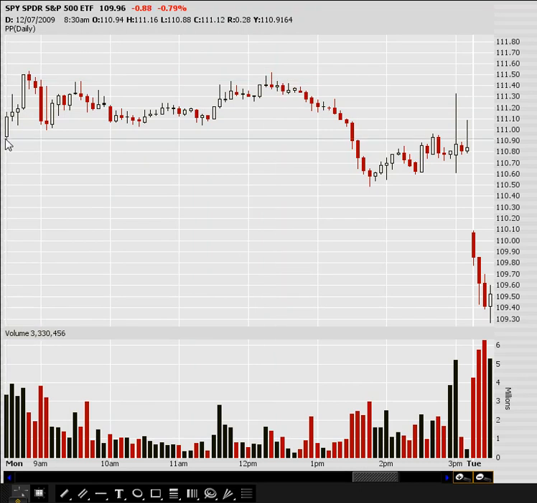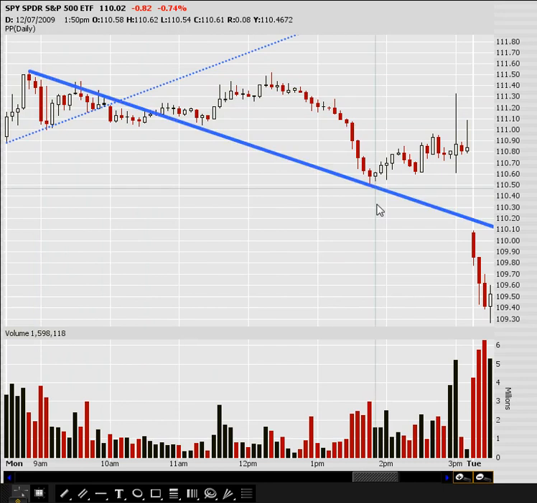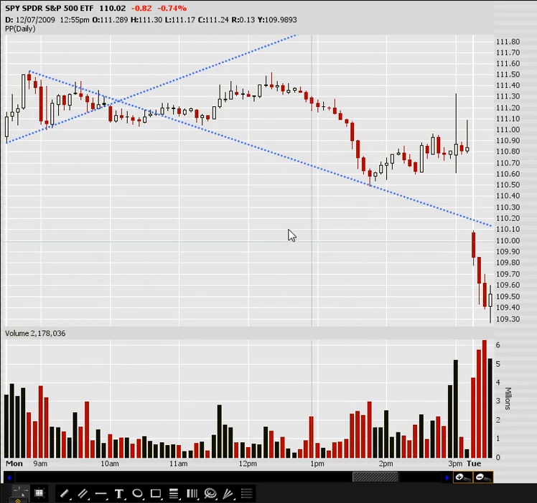There's a lot of price patterns that you can identify. Especially yesterday here, we had a nice little triangle pattern that had not much follow through, but we did get a little break to the downside, chopped around through lunch, and then broke down in the afternoon.